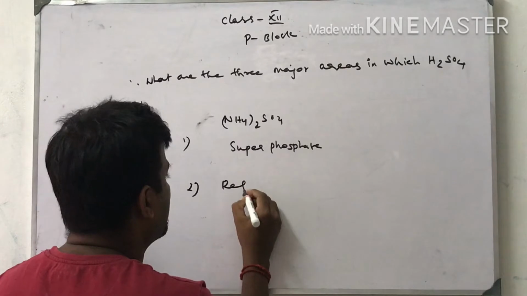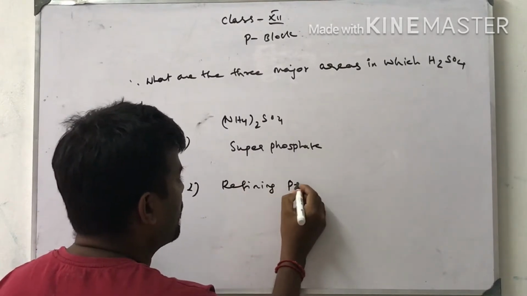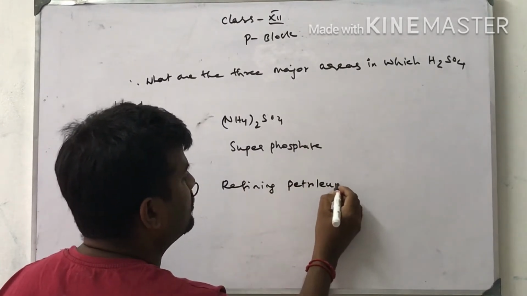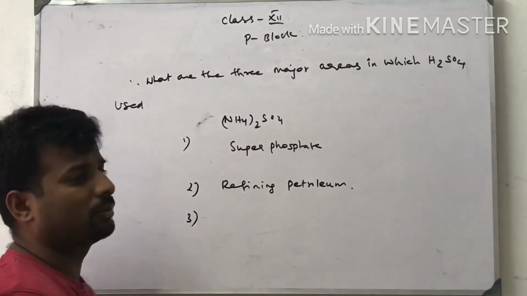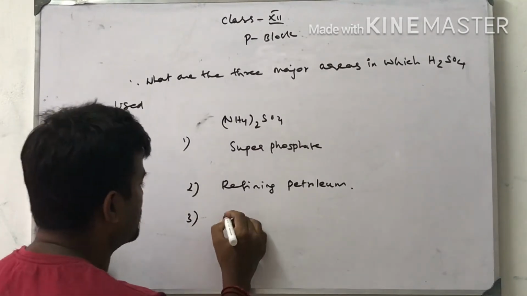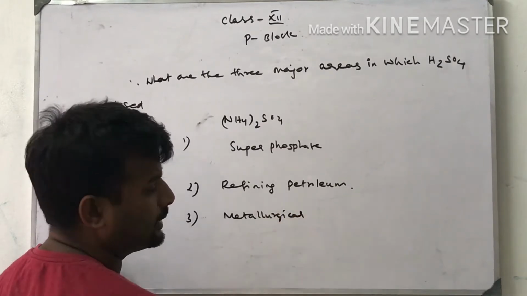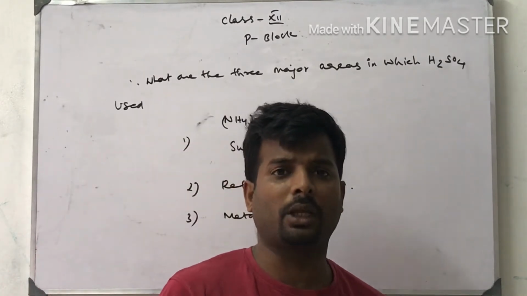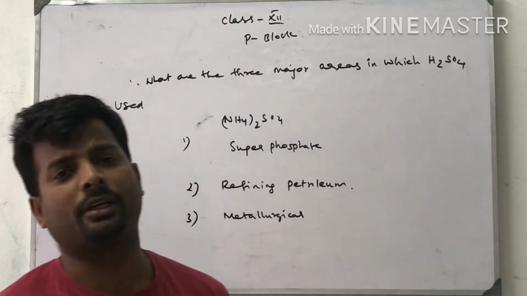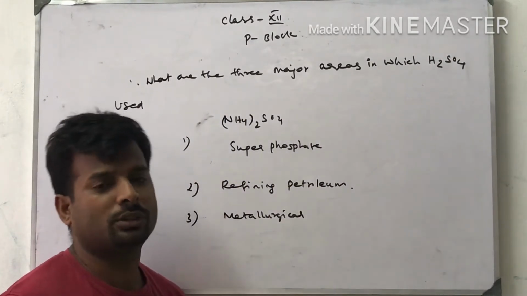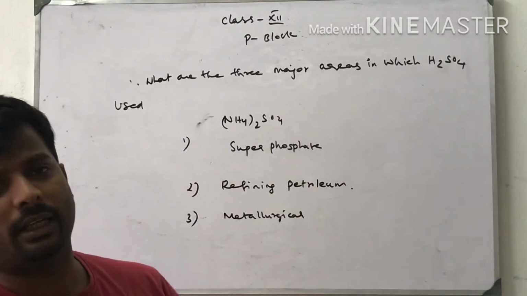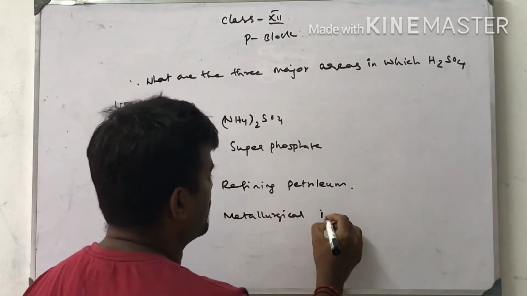The second area is refining petroleum from crude oil. Next, it is used in the metallurgical industry. It is a cleansing agent for enameling, galvanizing, electroplating of metals, and it is used as an electrolyte in lead acid battery.